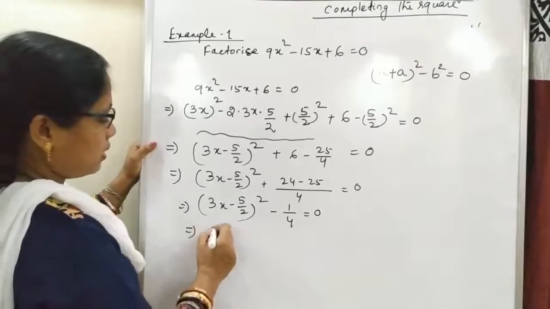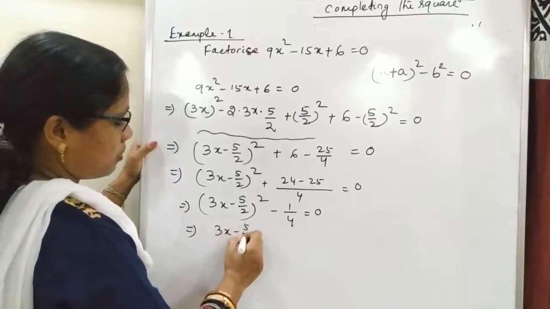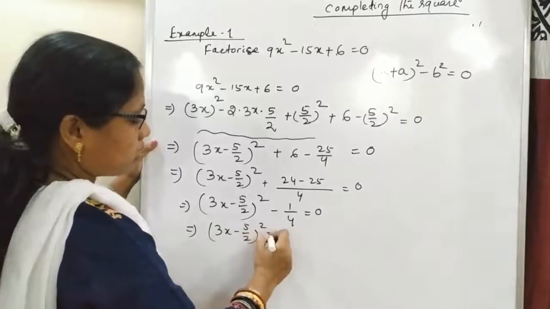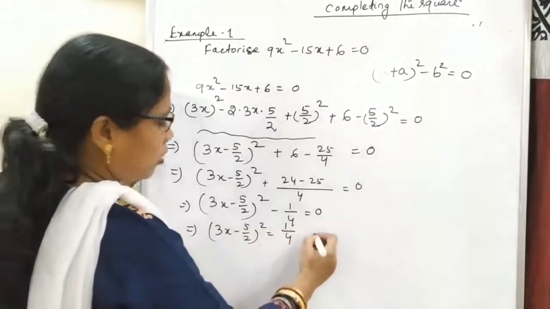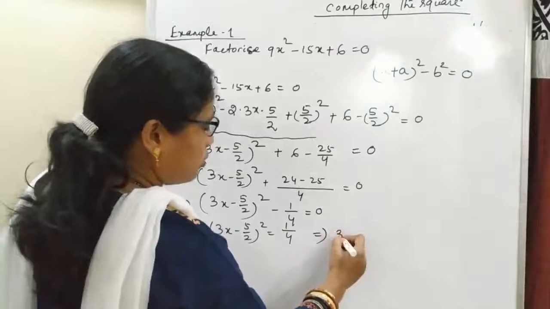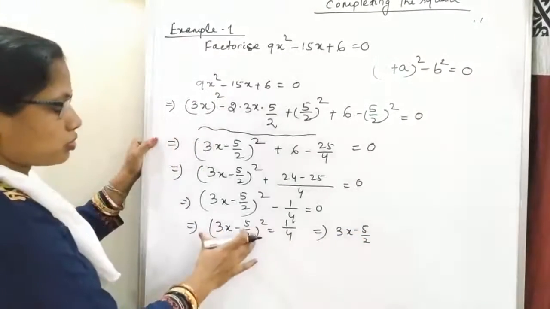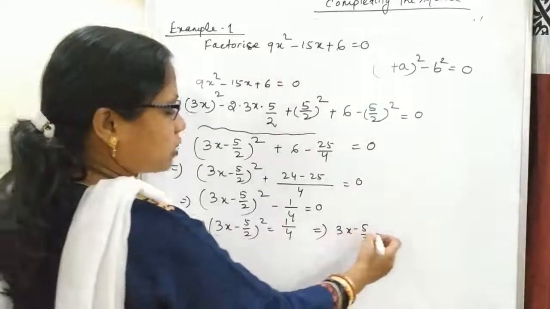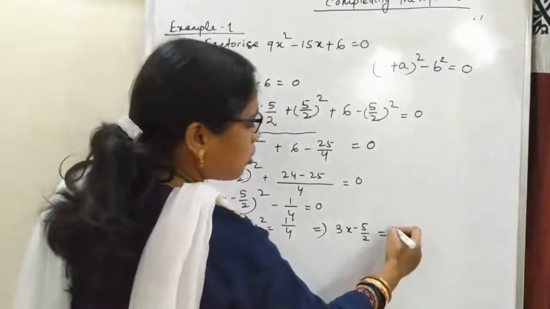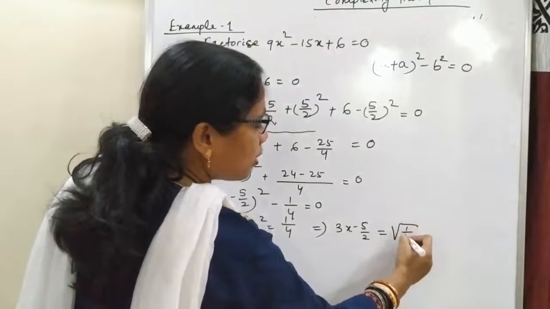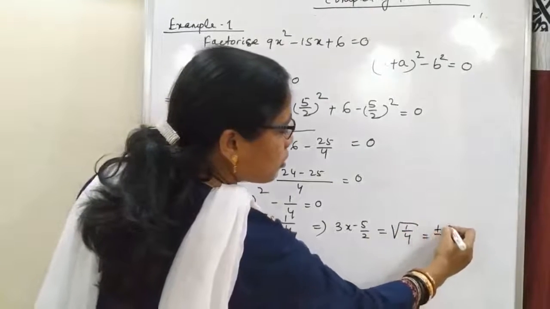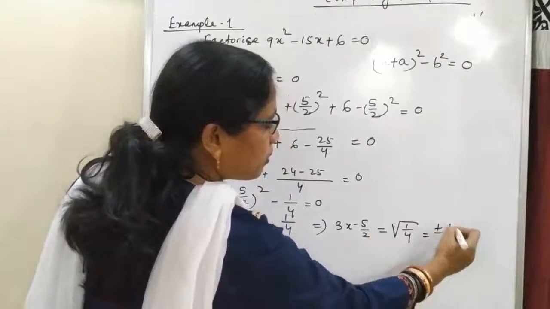So this implies 3x minus 5 by 2 whole square is equal to 1 by 4. Taking the square root, 3x minus 5 by 2 is equal to plus or minus root over 1 by 4, that is plus or minus 1 by 2.